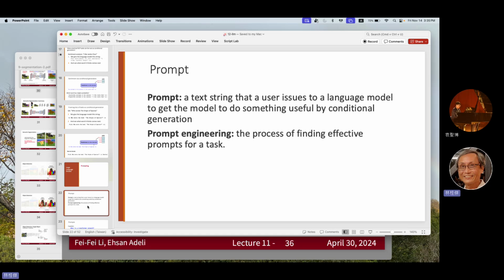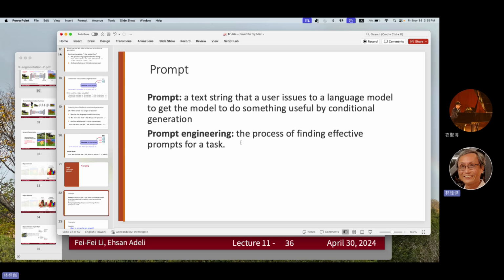Then you would find the possible answers. So the prompt is the text string that the user issues to a language model to do something useful. It's going to be something that decides how the model will react.